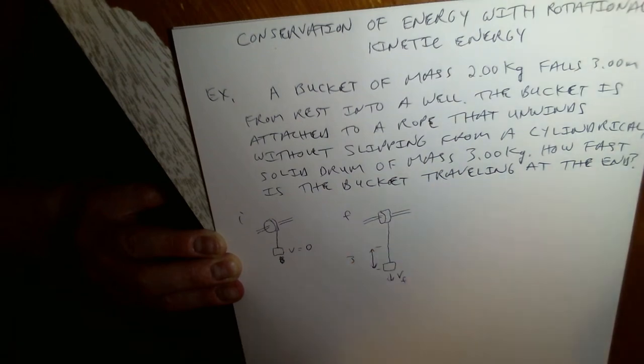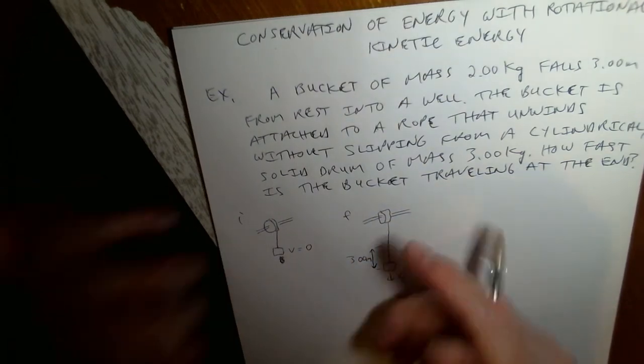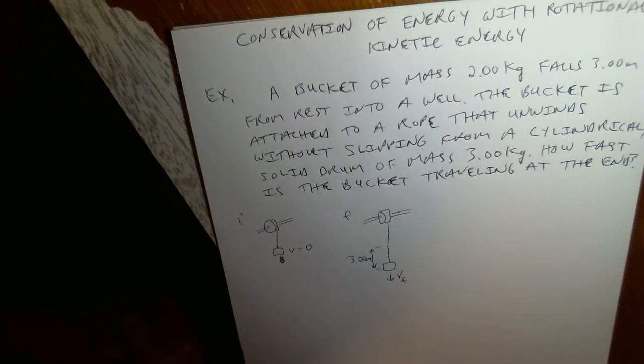Of course, the bottom of it has gone down 3 meters, the top of it has gone down 3 meters. It's just for purposes of treating an extended object as a point mass. We think of the point mass as being located at the center of the object. Actually, we think of it that way for a uniform object, and a bucket is not exactly uniform.